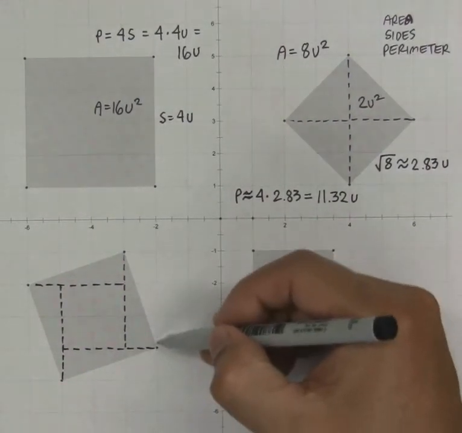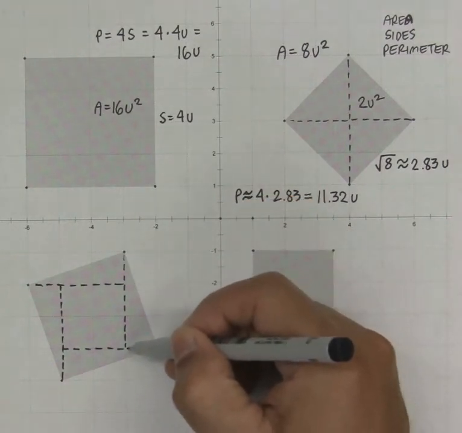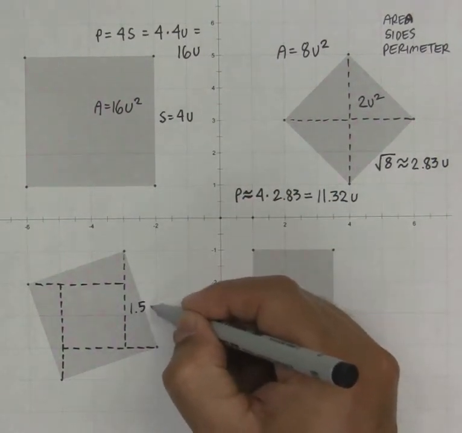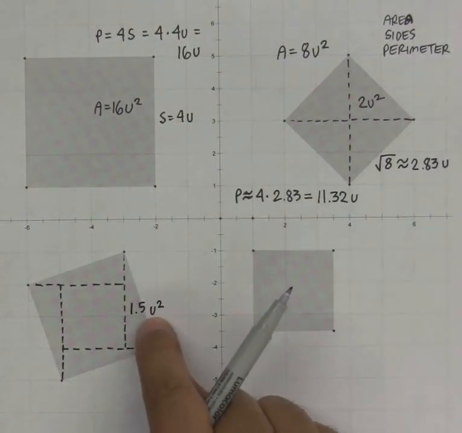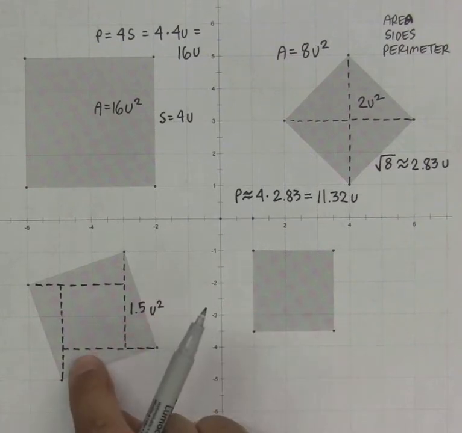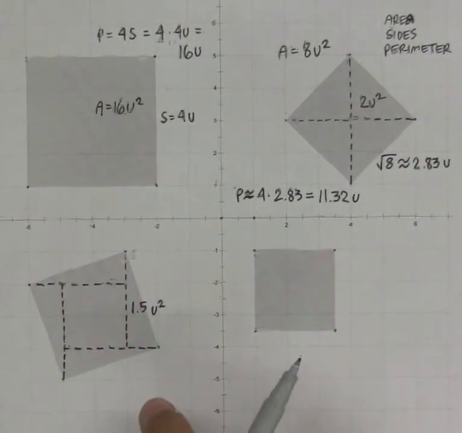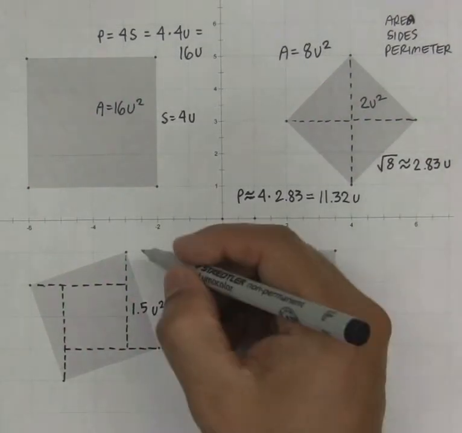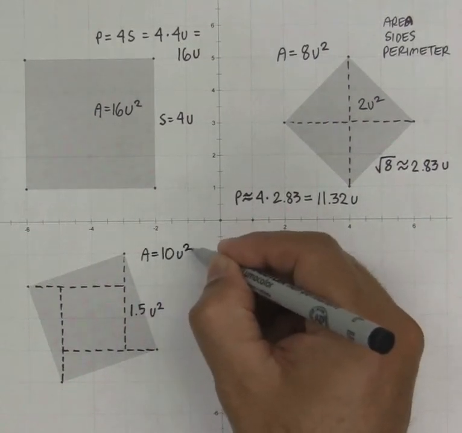The area of this triangle here is half of 3 square units, which makes it 1.5 units squared. So I have 1.5 plus 1.5, that is 3. I have another 3 over here, that's 6. And then I have 4 square units here. So the area of this square is 10 units squared.